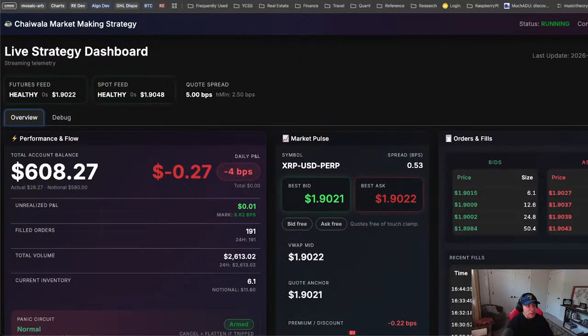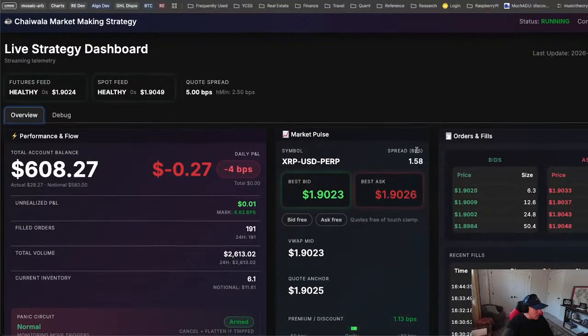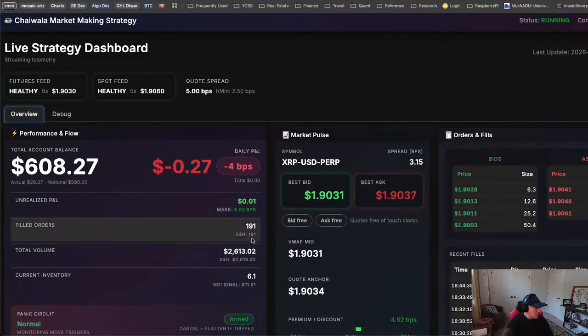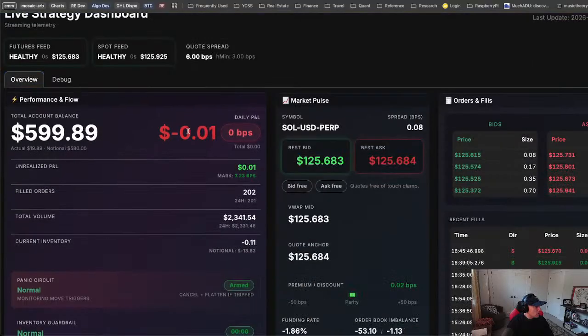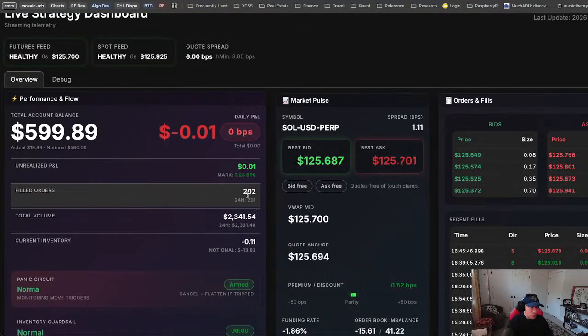So this particular version, I started it up about midnight UTC, this latest iteration of it. So you can see I have 191 trades over that time period. We're down about 4 basis points overall. This is Solana, have about 200 trades, completely flat.